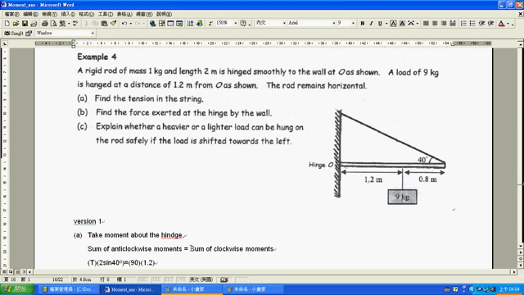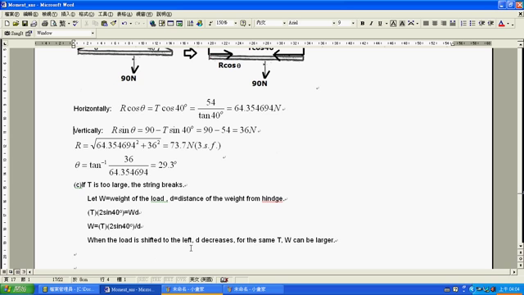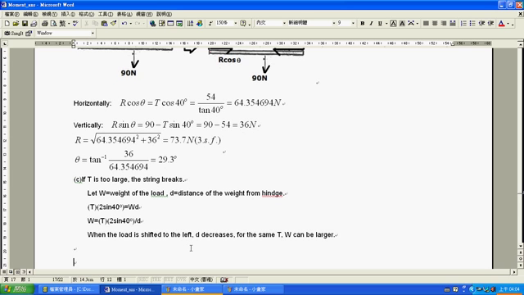So the third part of the question is to explain why a heavier or lighter load can be hung on the rod safely if the load is shifted to the left. So let's look at part C. If T is too large, the string will break. So we just assume that T maintains its value.